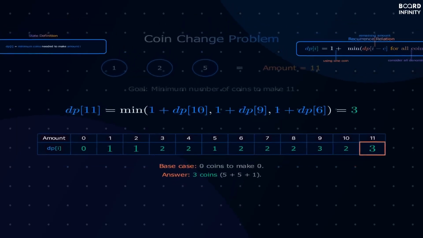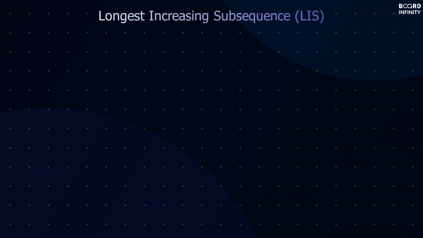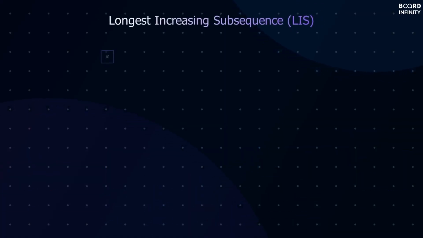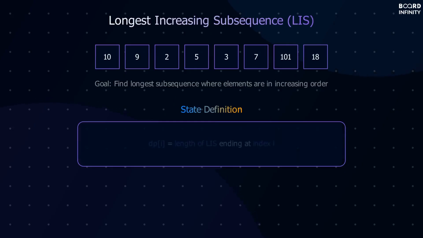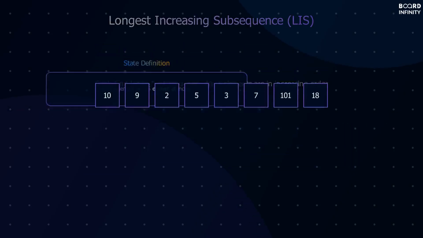Let's do one more. Longest increasing subsequence. Given an array like 10, 9, 2, 5, 3, 7, 101, 18. Find the longest subsequence where elements are in increasing order. Define the state. DP[i] is the length of the longest increasing subsequence ending at index i. The recurrence.